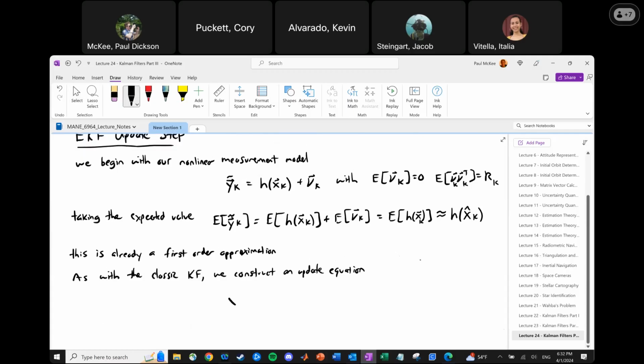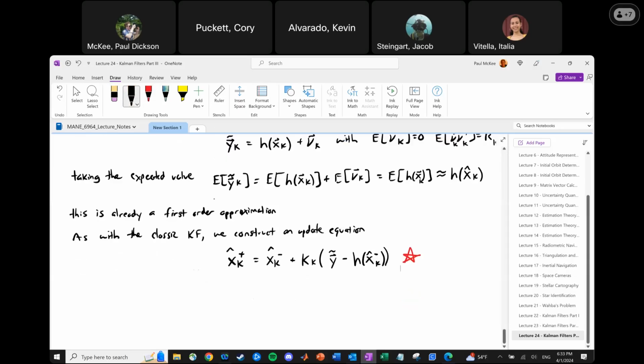Okay, x_k plus hat equals x_k minus hat plus Kalman gain times the residual, but the residual is not y minus H x, it's y minus h of x, right? There's absolutely no reason to linearize in your state update equation because you have access to the full nonlinear model. So the residual uses the nonlinear model, but we're approaching equations that have to use a linear model, so we don't need to yet. So just want to be clear that this is different. This might throw some people off.